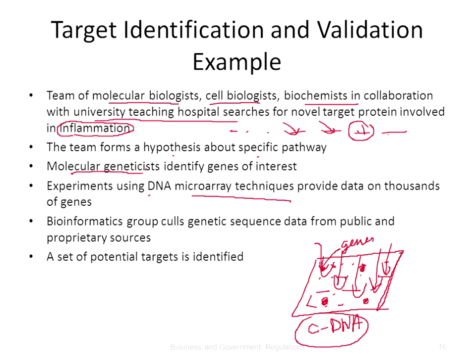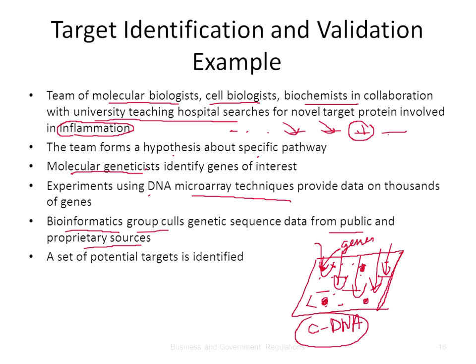there may be a group in your company called the bioinformatics group, and that basically deals with lots and lots of gene sequence data that may be available either in a public library or their own proprietary sources. So they may look through the reams.